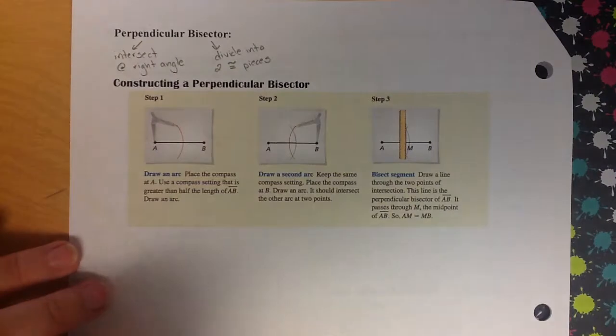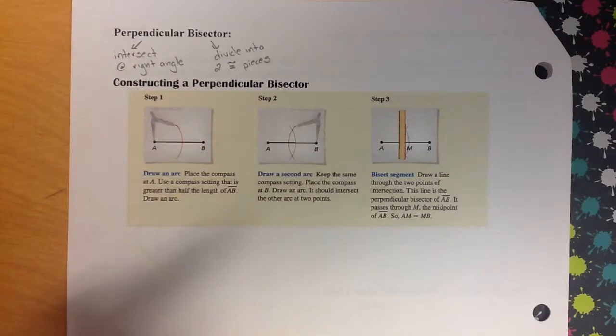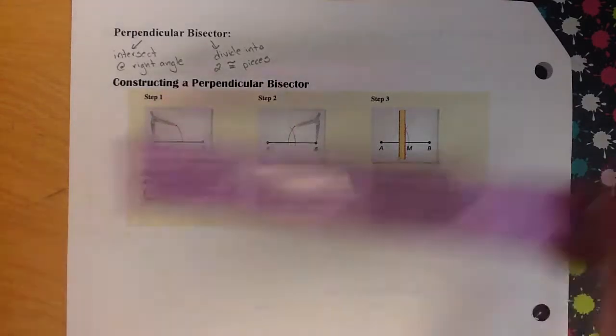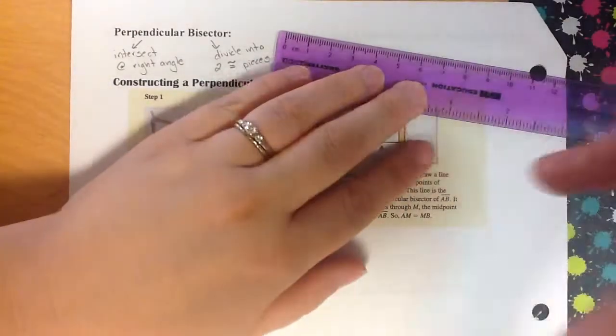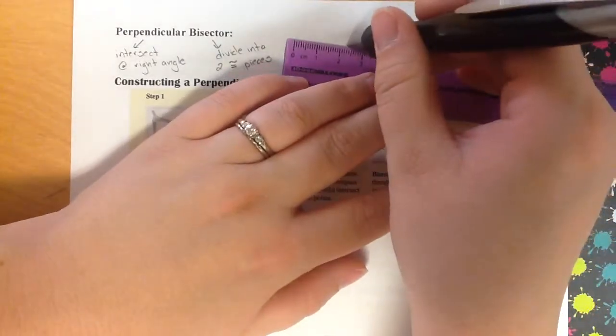Again, that's not the formal definition, but that's what we're going to use. It divides it into 2 congruent pieces. So a perpendicular bisector is basically a line, segment, or ray that goes through a segment perpendicularly and bisects it.